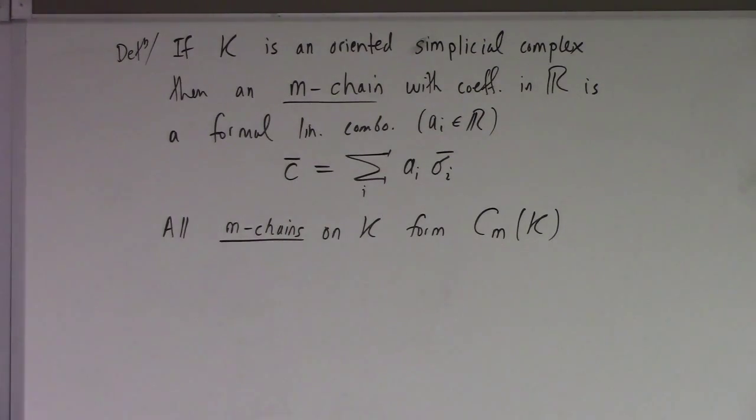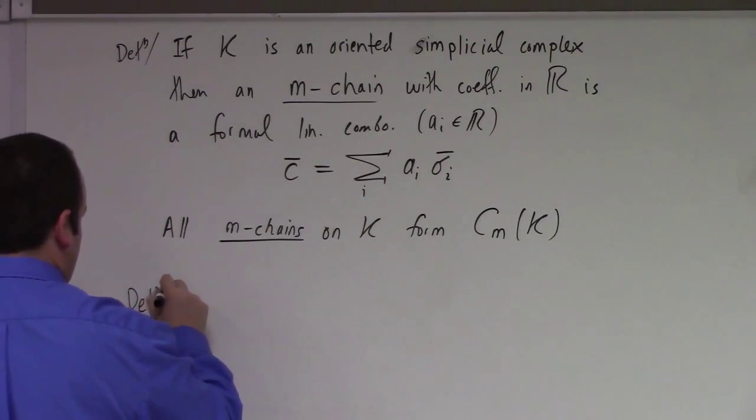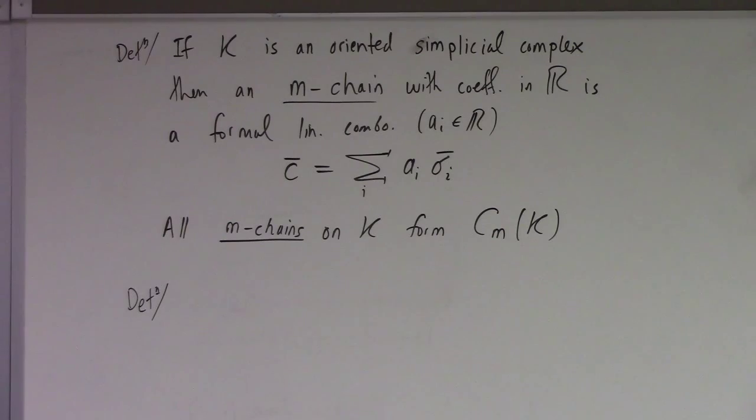Definition then. So where does M come into play? Well, if the simplicial complex only has, say, up to 3-dimensional simplices, then I can't look at a 4-chain, for example.